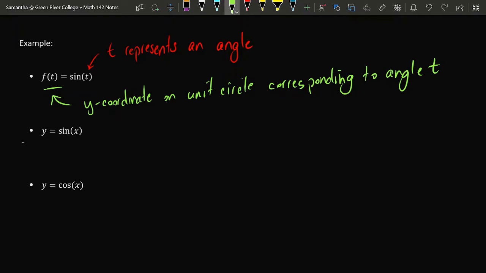Here in the second example, the input of sine is x. So even though it's called x, this quantity, which is inside of sine, has to be an angle in order for this expression to make sense.